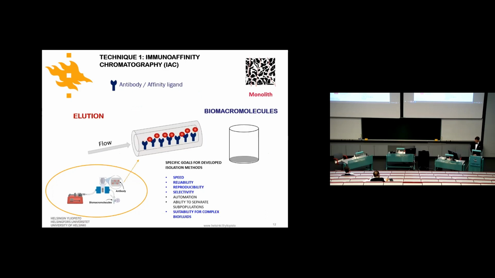And then biomacromolecules can be eluted from the pores and collected for further analysis. With this technique, we reached certain specific goals that we had for isolation methods, which were speed, reliability, reproducibility, selectivity, and suitability for complex biofluids.